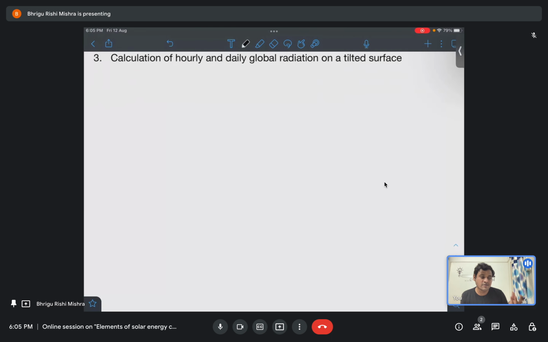This sun earth relationship and the angles describe the position of the sun rays incident on the earth's surface, and accordingly the projection of the sun rays on the horizontal surface or whatever surface we are considering, for example a solar cell. So these things are very important.